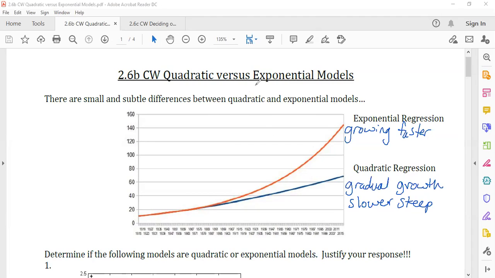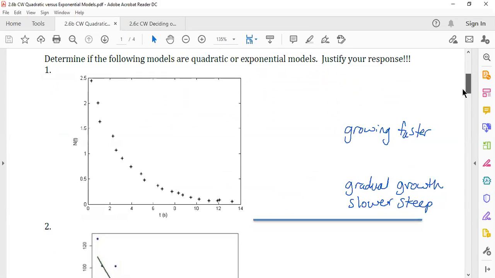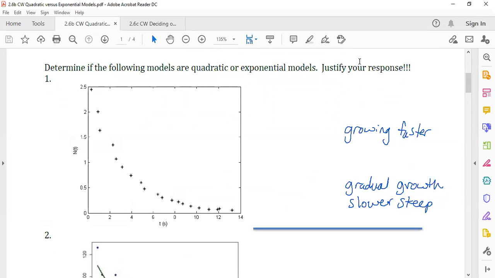So our goal now is to take a look at all these different functions here and determine if they are quadratic or exponential models, and then justify our responses. I'll leave that up there for now, just in case you need to get that down.